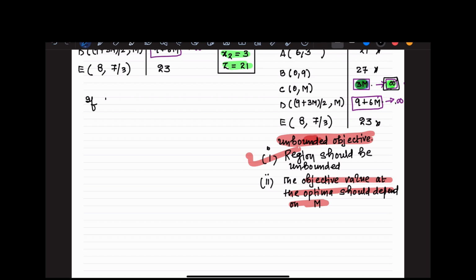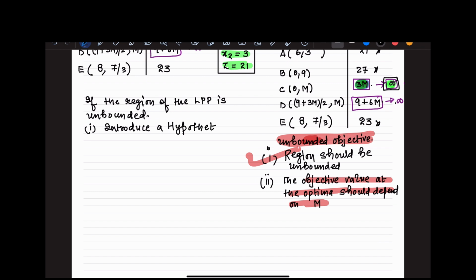So if the region of the LPP is unbounded, the steps that are to be followed is: introduce a hypothetical constraint in the problem, usually of the type x less than equal to m, y less than equal to k.